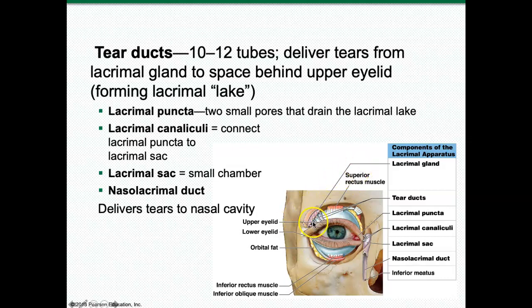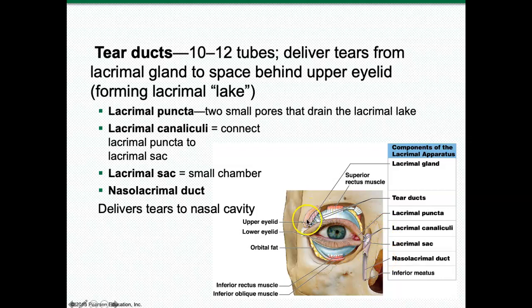So you can see the tear ducts. There are 10 to 12 tubes that are going to deliver the tears from the lacrimal gland to the space behind the upper eyelid. And then down here in the medial corner of the eye, you're going to see two small pores that are going to drain the fluid, and they will connect to these different regions here and drain into the nasal cavity.